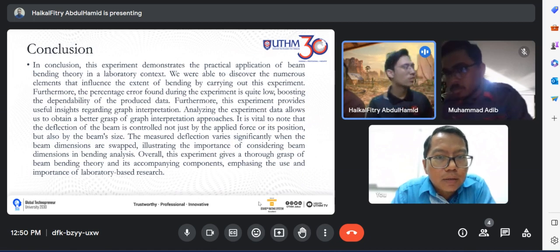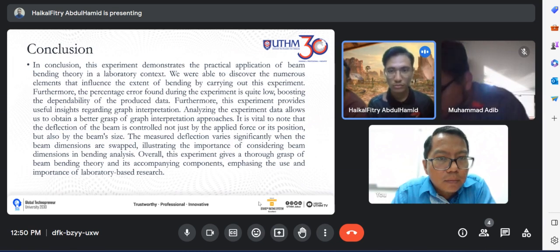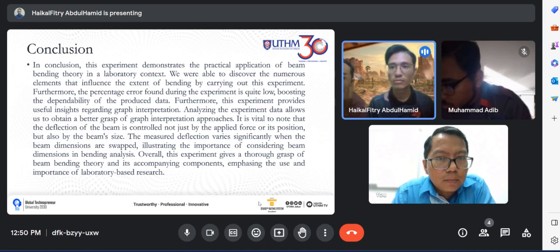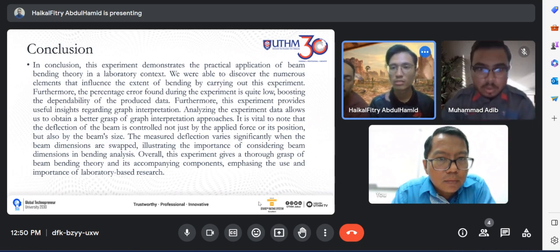Okay. If I'm not mistaken with your questions, what I understand about this design of experiments is that we use three different setups, right?